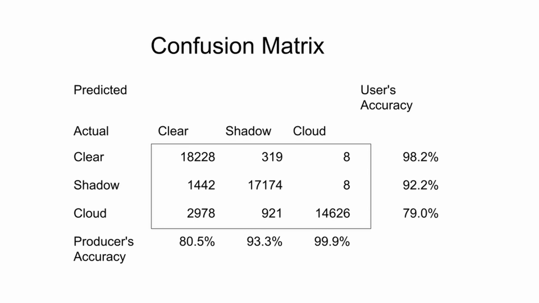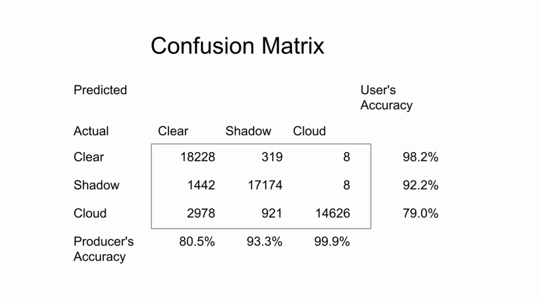So in the upper left corner, there were 18,228 clear pixels, 17,174 shadow pixels that were correct, and 14,626 cloud pixels that were correctly classified, as you can see in that diagonal.